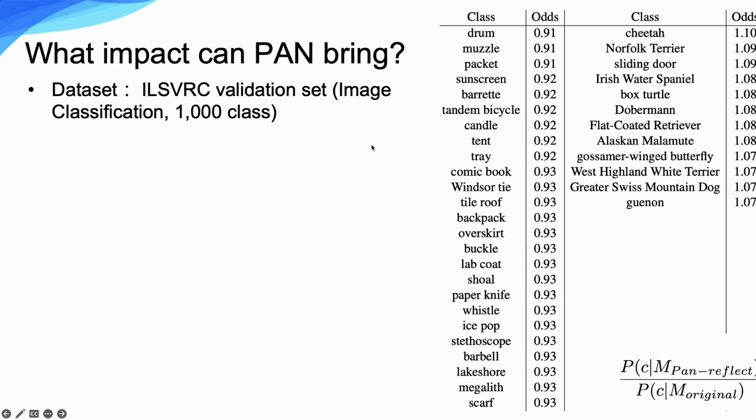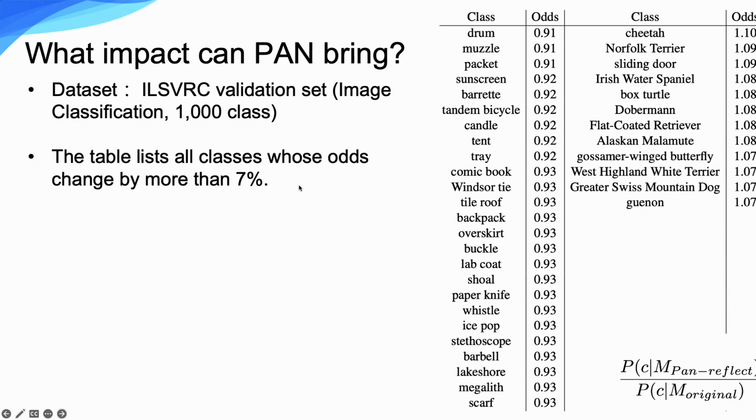So they conduct the experiment on the ILSVRC dataset. The dataset is for image classification, and it has 1,000 classes. The table lists all classes whose odds change by more than 7%.